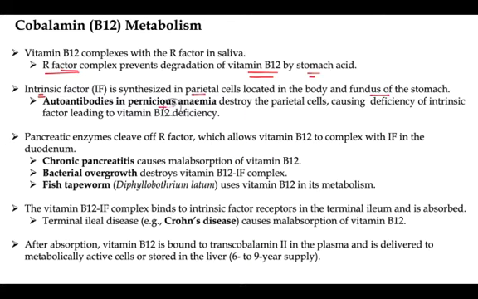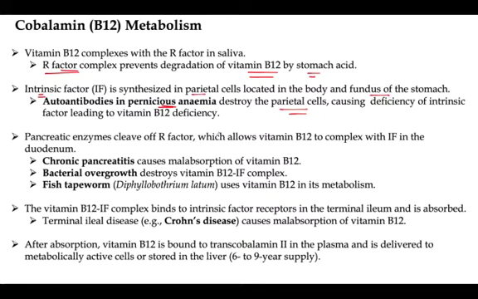And in pernicious anemia, where the parietal cells are destroyed, there is a deficiency of intrinsic factor that leads to vitamin B12 deficiency. And I will just tell you how this deficiency occurs.